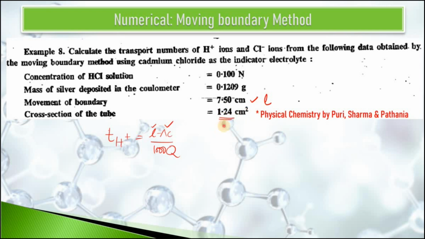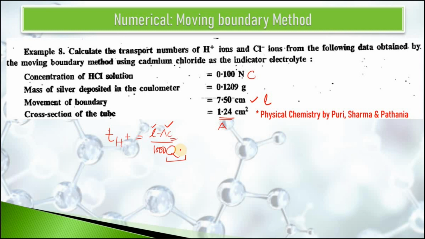It is given as 1.24 centimeter square, and C is the concentration of the solution of HCl or principal electrolyte in normality, and here 0.100 N is the concentration. The final thing is the total amount of electricity or Q. Nowhere in the question has the total amount of electricity Q been given. So our first task is to find out the value of Q.